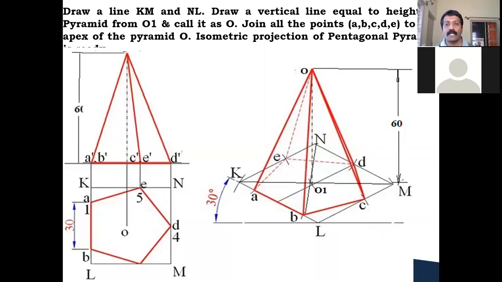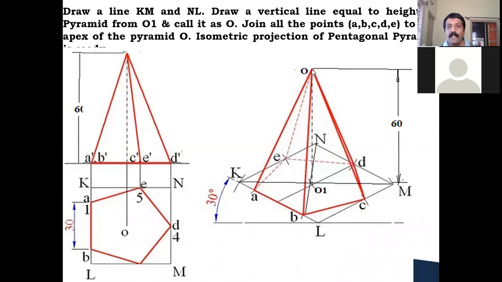From the center of your pentagon, you draw a vertical projector like this, and on this vertical projector line you take isometric 60 because that is the height, and cut it.